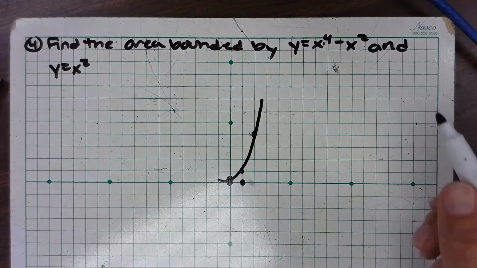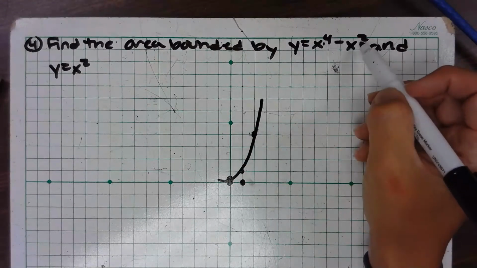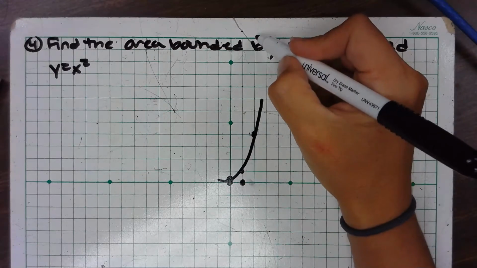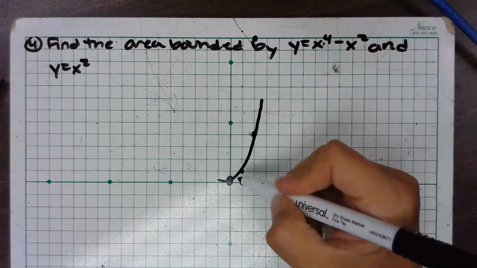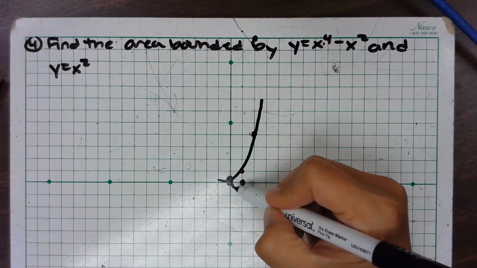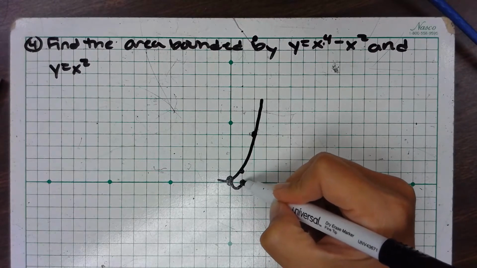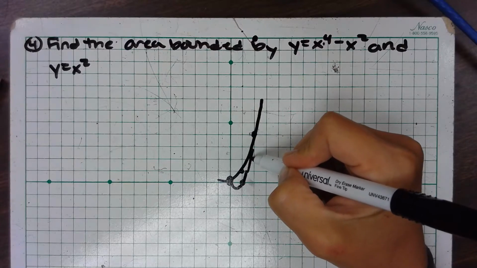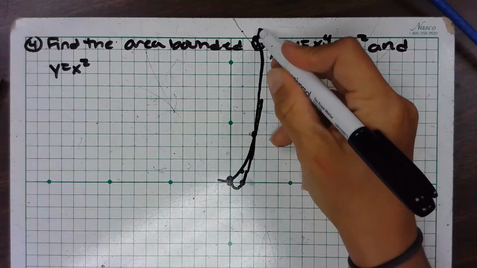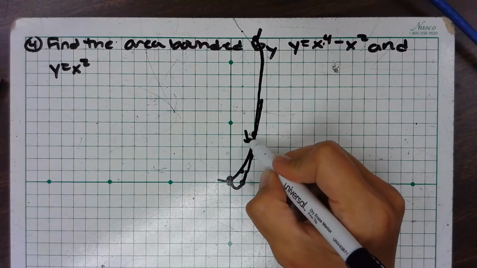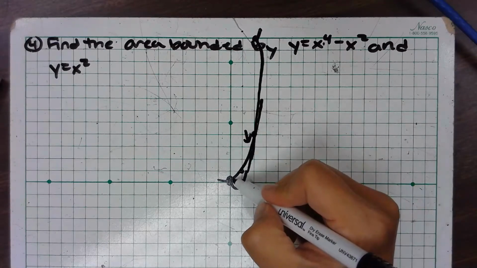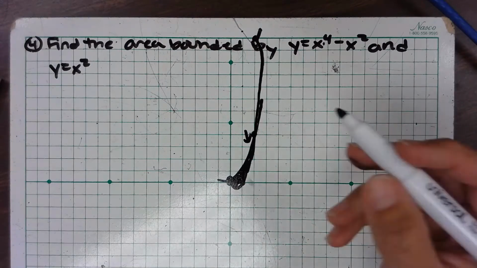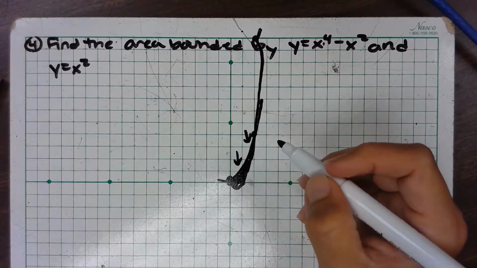All right, at 2, let's see, that's 16 minus 4, so that takes us all the way up to 12, which would be right here. So it's doing something, and I'll let you know, it goes up like this, and it does something like this. All right, and eventually goes back up. Okay, so it's intersecting somewhere right in here. We want the area that's bounded between these two. Okay, well notice which one's on top. This is going to be x squared.